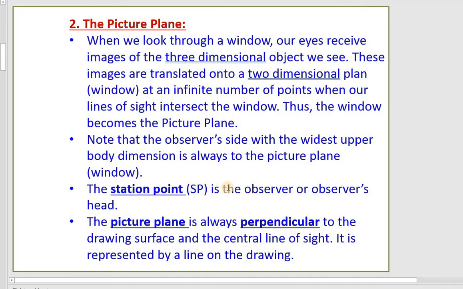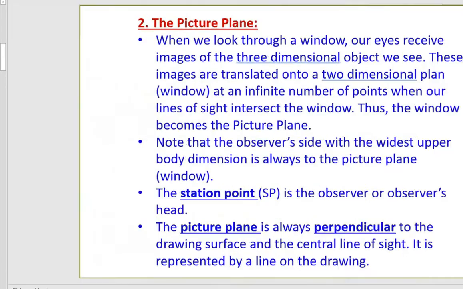The station point is the one like I told you before, that's the observer or observer's head, where you can look at the objects. The picture plane is always perpendicular to the drawing surface. When you have the surface on the floor, the picture plane is vertical to that one.